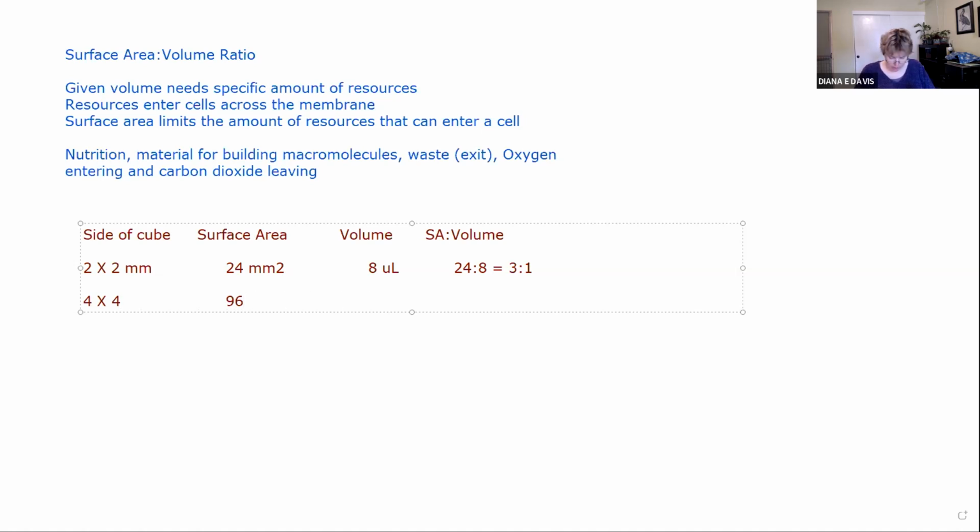The volume goes from 8 to 64. So that's 96 to 64, or 3:2. So we can already see that there's a big shift in how much volume there is compared to the amount of surface area.